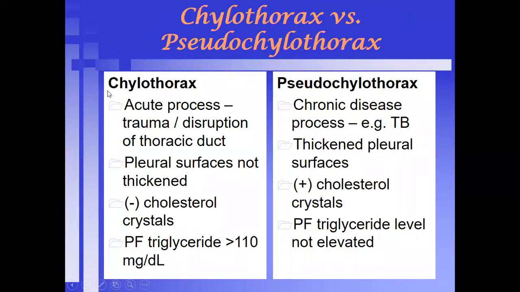So if you remember, chyle is actually the fluid which contains your fats, your triglycerides, which were absorbed from your intestines. Because of the large molecules of fat, they cannot enter into the circulation immediately and pass through the lymphatics, eventually passing through the thoracic duct.